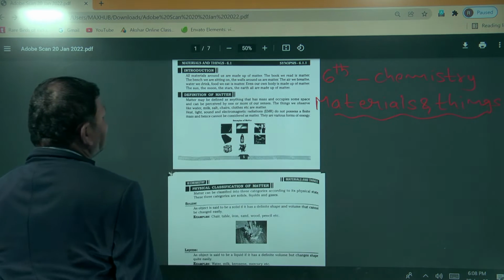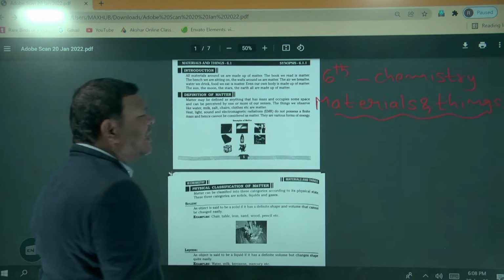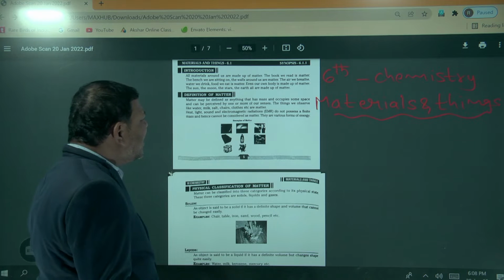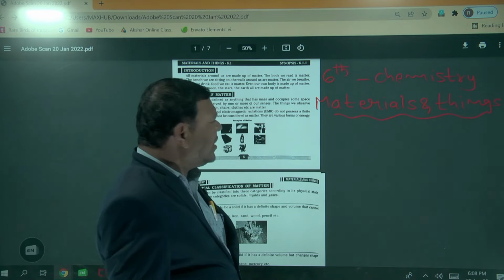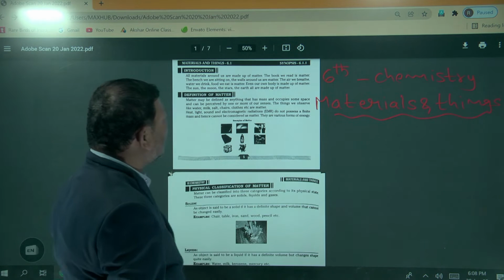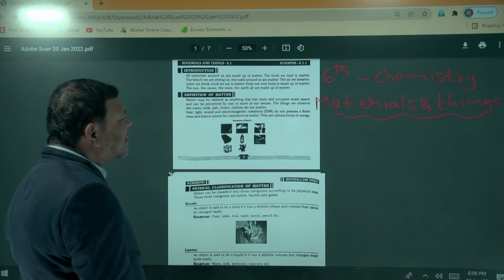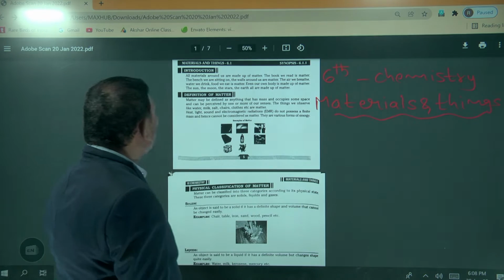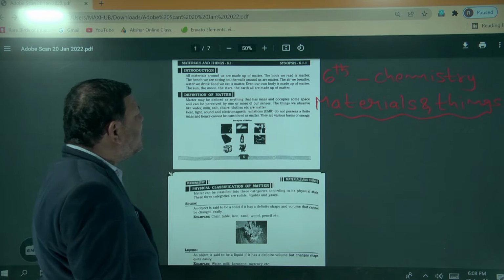So the book we read is matter. The bench we are sitting on is matter. The walls around us are also made up of matter. What we breathe, that air is matter, and what we drink, water is matter.